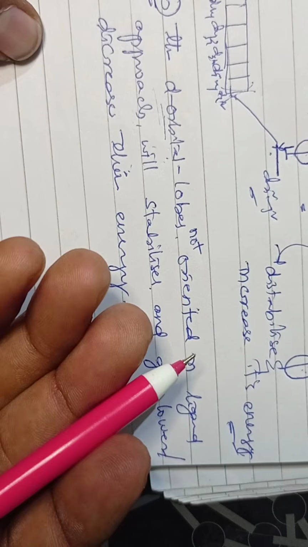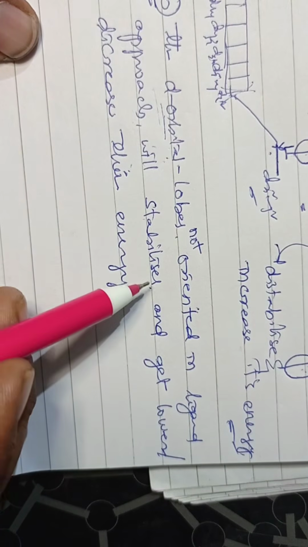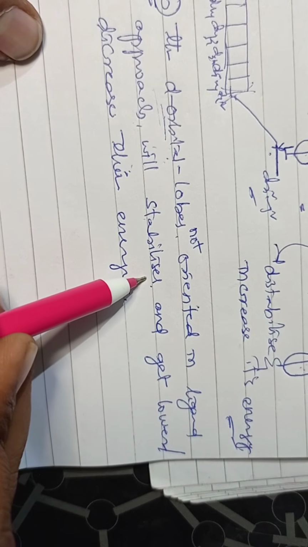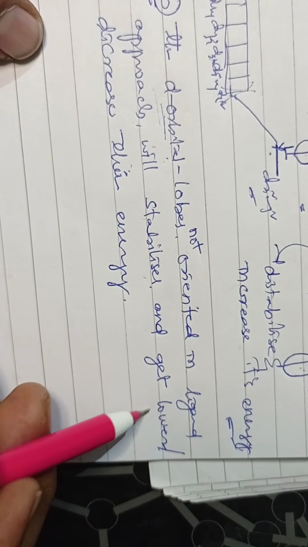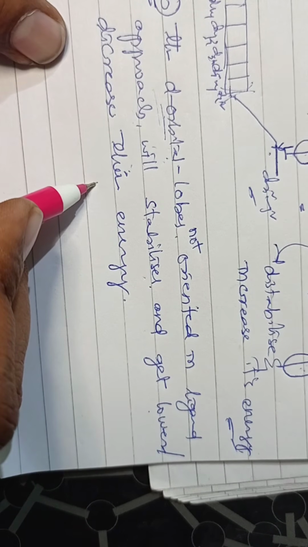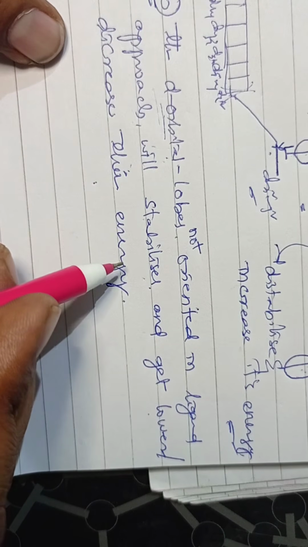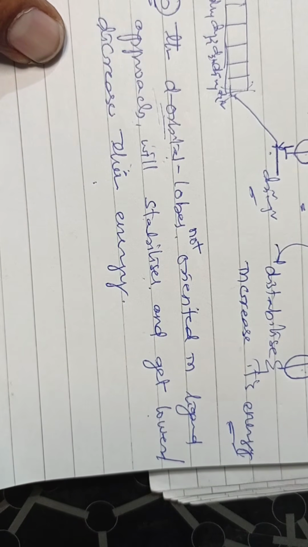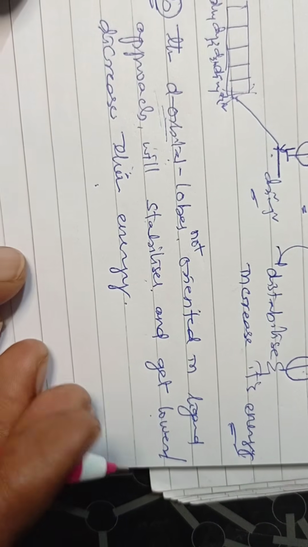When there is no negative interaction, the orbital will be stabilized and decreases its energy, right? Thus these orbitals get stabilized, decrease their energy, and go into a lower energy level, right?